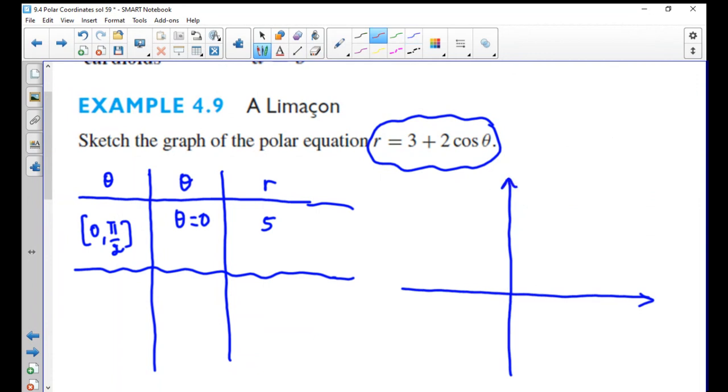So where are we when theta is 0? On the positive x-axis, and r is 5. So we count 5: 1, 2, 3, 4, 5. So this is the first point.